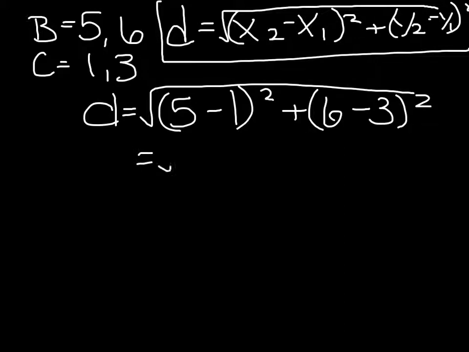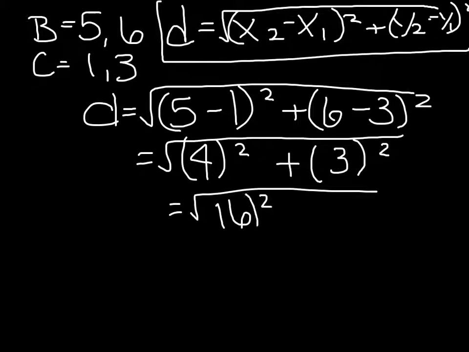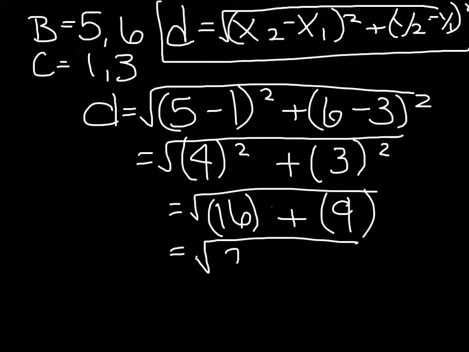Here, 5 minus 1 is 4, so 4 squared plus 3 squared. 4 times 4 is 16, plus 9. 16 plus 9 is the square root of 25. And that's it for the side BC.